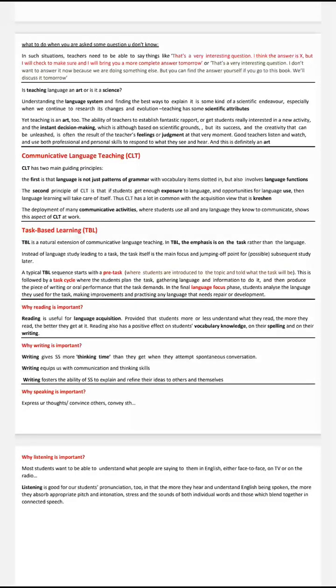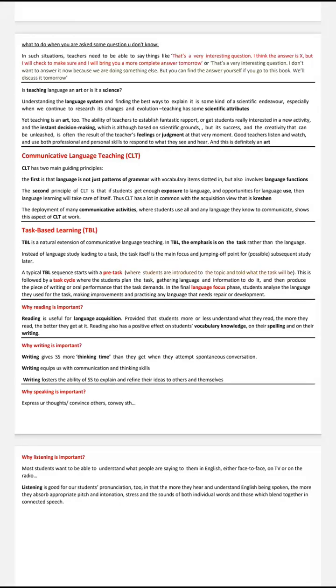Task-based learning. Task-based learning is a natural extension of communicative language teaching. In task-based learning, the emphasis is on the task rather than the language.